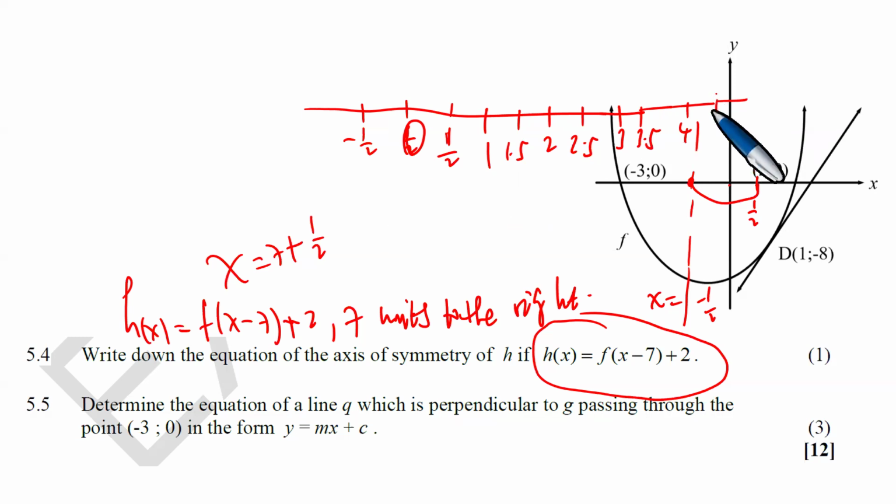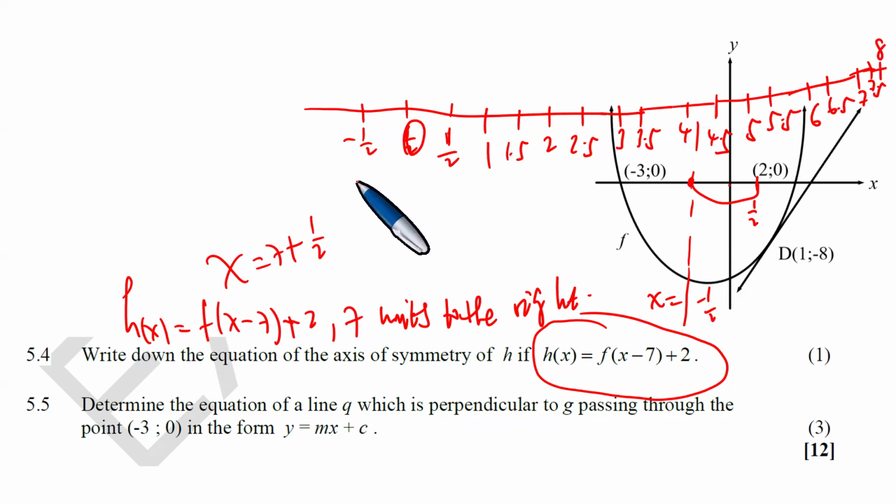Just trying to do it carefully. 4.5, 5, 5.5, 6, 6.5, 7, 7.5, 8. Okay, let's do it. So now we are at minus 1/2 here, and you want to count. So you count 7 units.